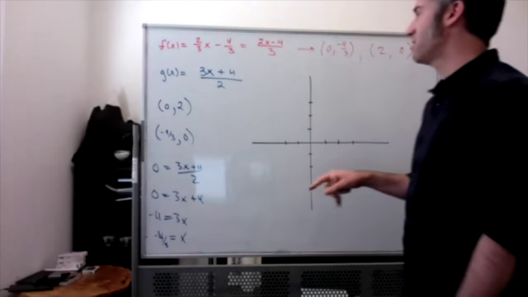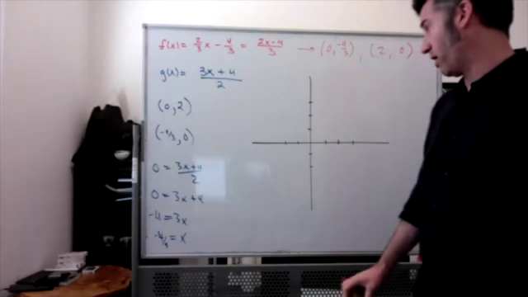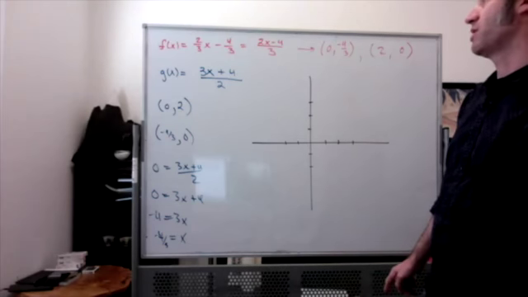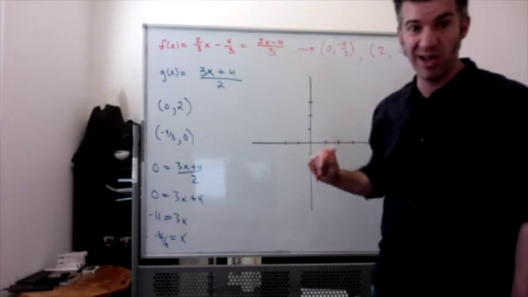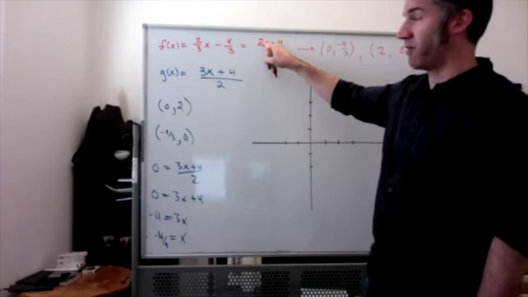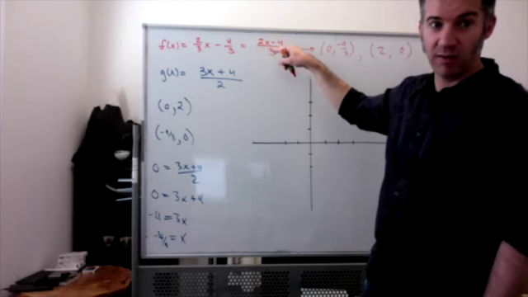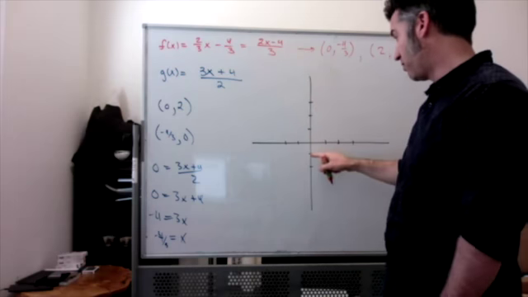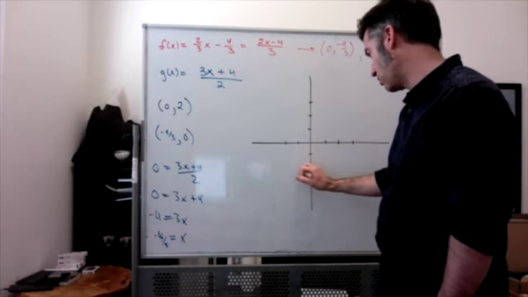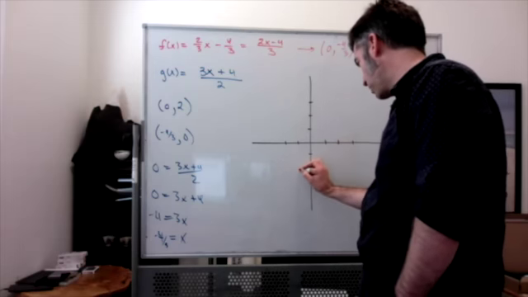But to be honest, 0, negative 4/3 is not something I'm great at getting exactly right. So I would rather pick something like x equal to -1. Because if x is -1, then 2 times -1 is -2. -2 minus 4 is -6. And -6 divided by 3 is -2. So I plug in -1 for x, I get -2 for y. And then I can draw the line that goes through these two points.